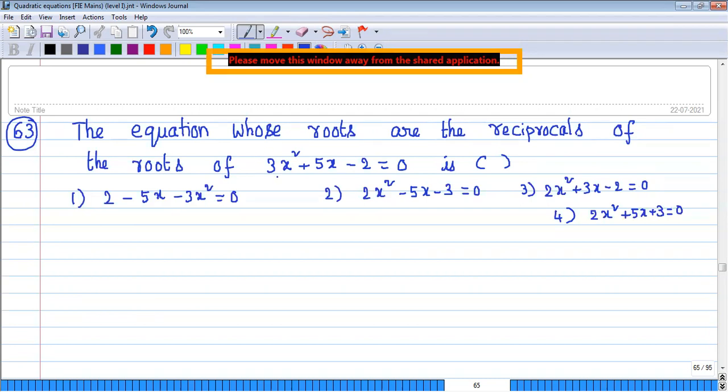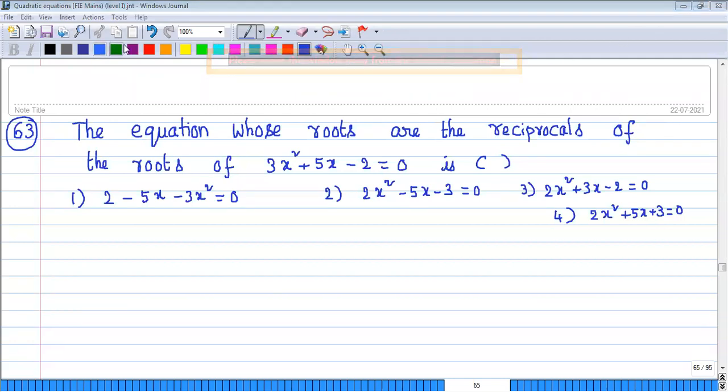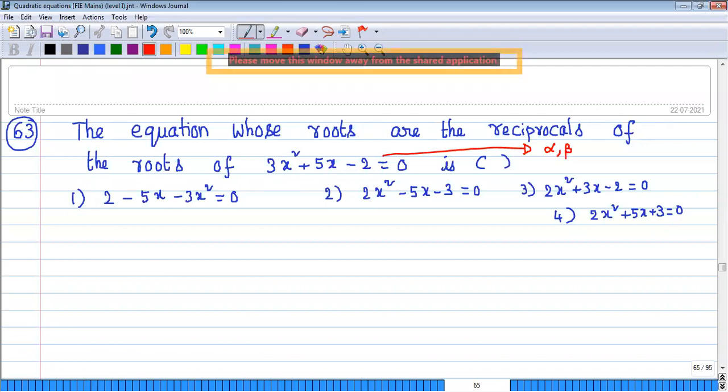If alpha, beta are the roots of 3x square plus 5x minus 2 equals 0, then the equation whose roots are 1 by alpha, 1 by beta.